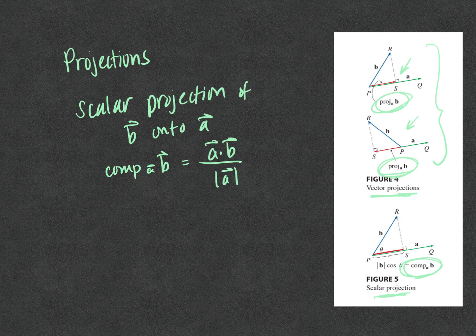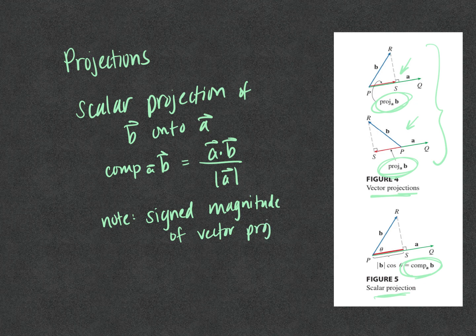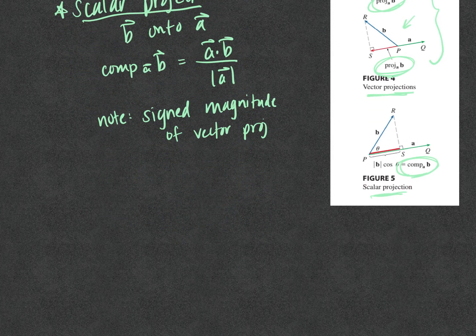This is the signed component, the signed magnitude of the vector projection. Okay, so this is your scalar projection. This is the first part. And then let's talk about the vector projection.